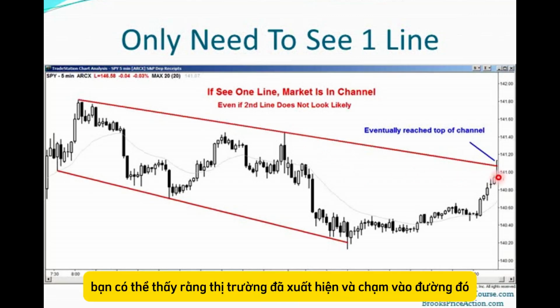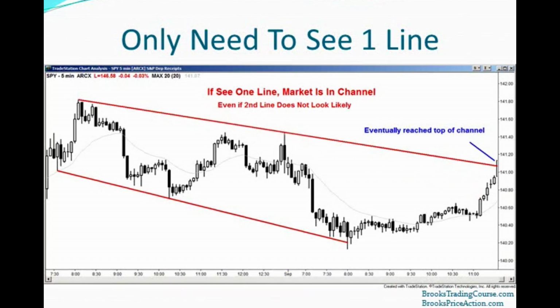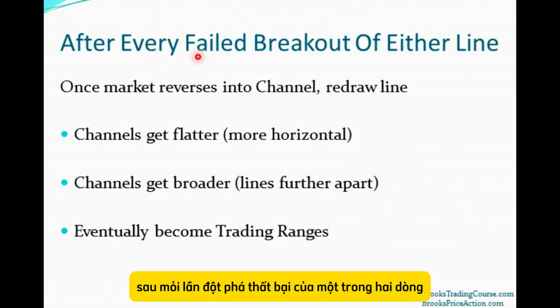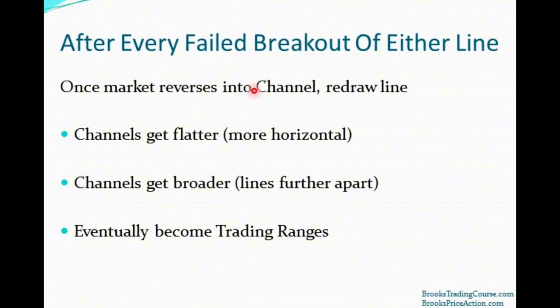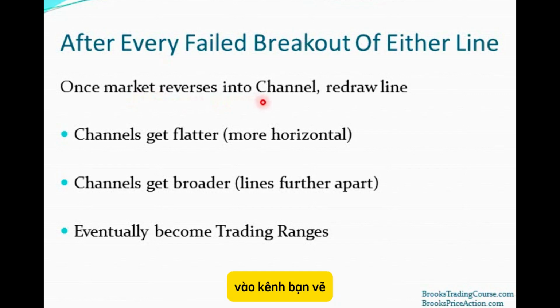And here you can see that the market came up and hit that line, and now it looks like this line is a possible top of the channel. After every failed breakout of either line, the top or the bottom of the channel, once the market reverses into the channel, you redraw the line using the extreme point of the breakout that went beyond the channel.